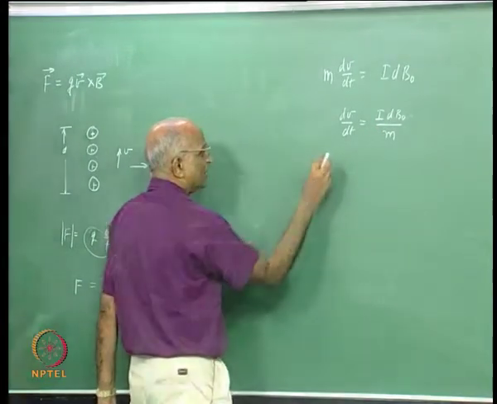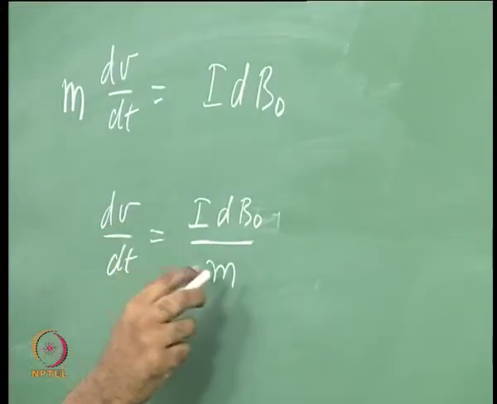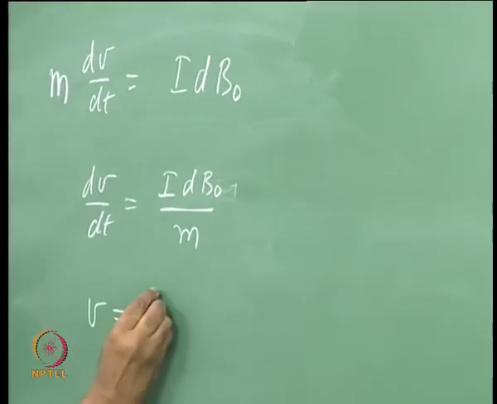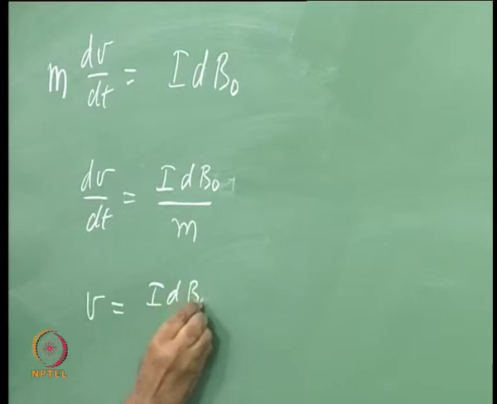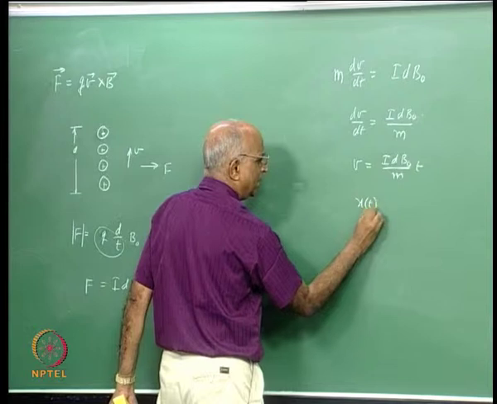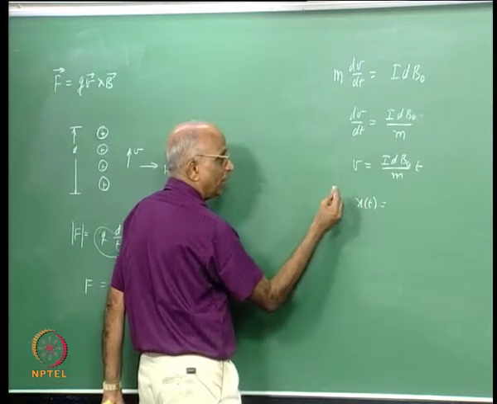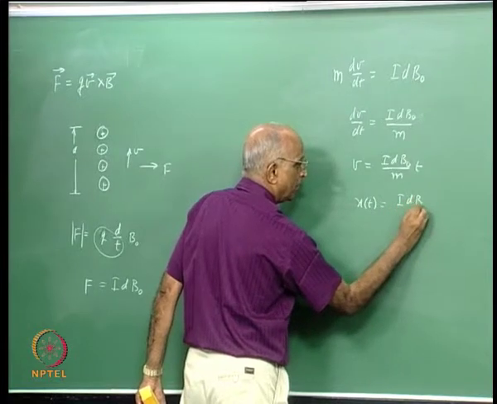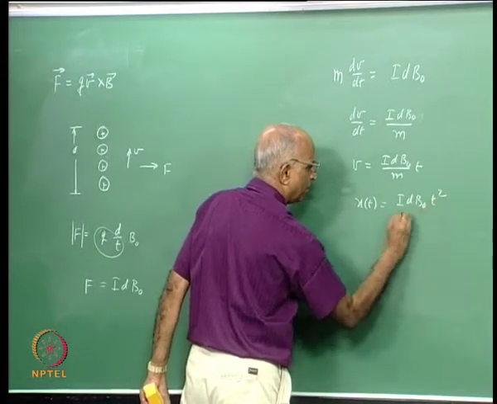Since at the initial state v is equal to v0 at time t is equal to 0, I can straight away integrate v is equal to I d B0 t by m, or rather the value of x at t, again x is 0 at t is equal to 0, I get I d B0 t squared by 2m.